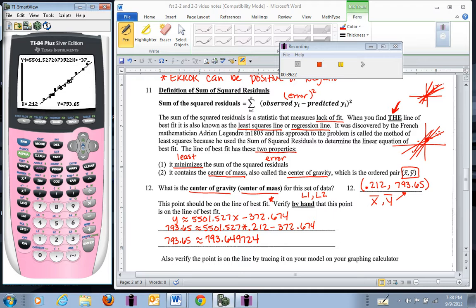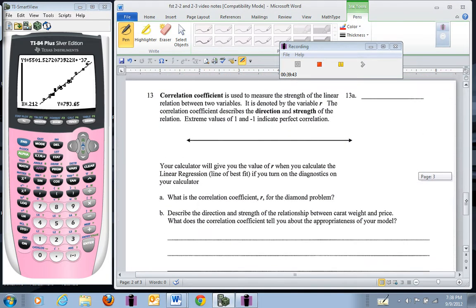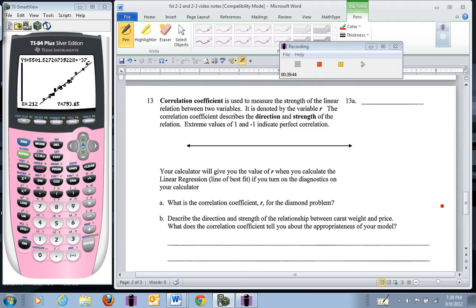Okay. The next thing we're going to talk about is something called correlation. Correlation coefficient is used to measure the strength of a linear relation between the two variables. It's denoted by the variable r. I don't know why they chose lowercase r, but we always label it with the lowercase r.